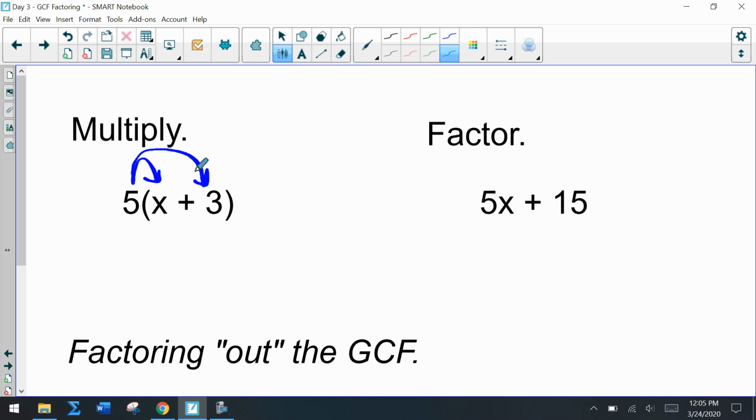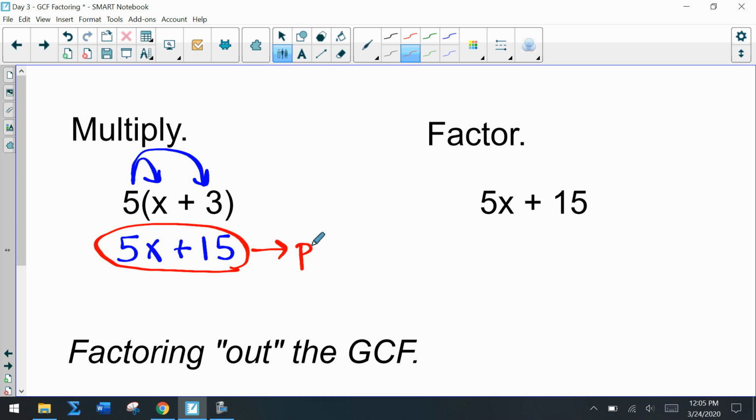So when we distribute, I hope you all got 5x plus 15. So 5x plus 15 is the product. And the factors of this expression are 5 and x plus 3. Those are the two things we multiplied in order to get the product.